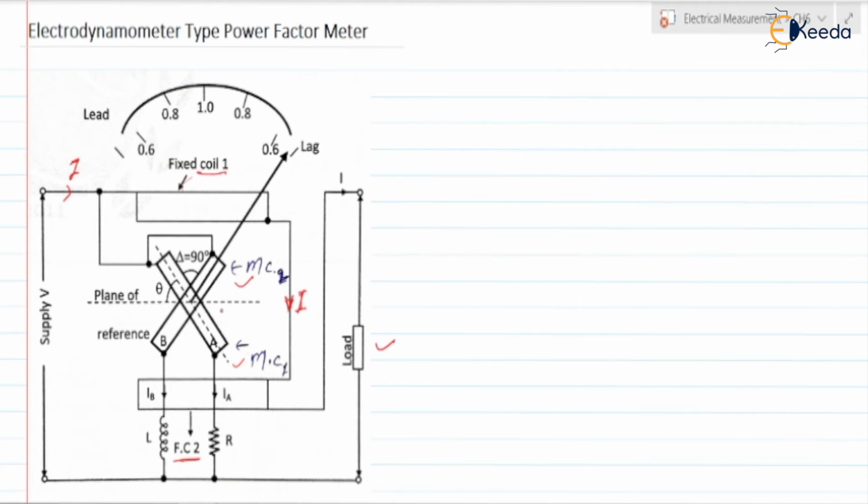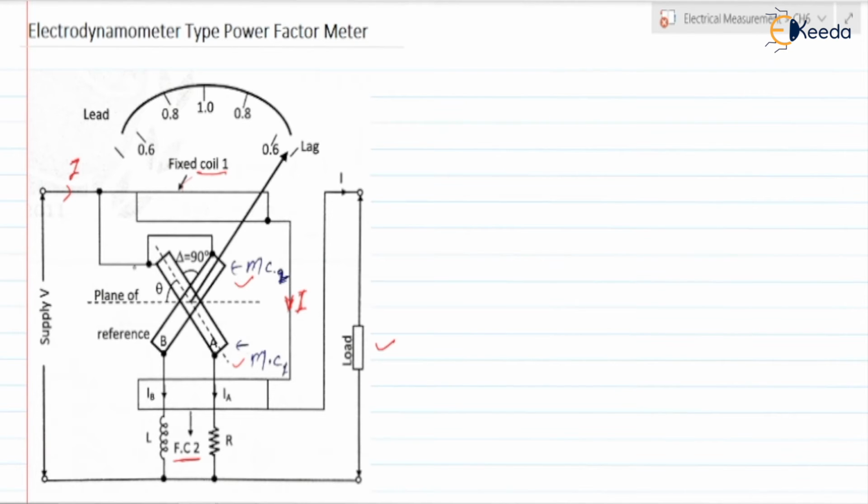One part of the moving coil, moving coil 1, we have made purely resistive, and the second part purely inductive. The voltage across each moving coil is the same as the supply voltage, which is equal to the voltage across the load.